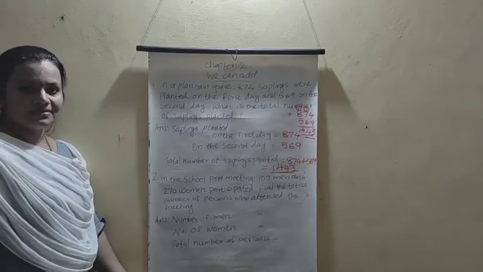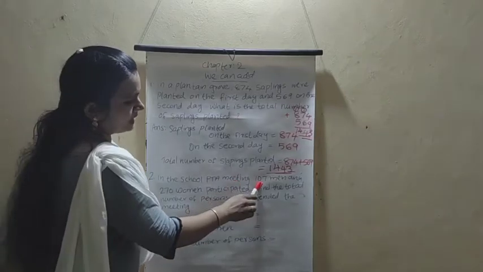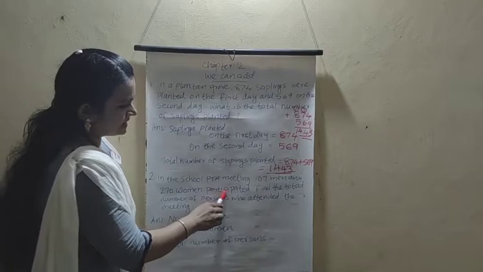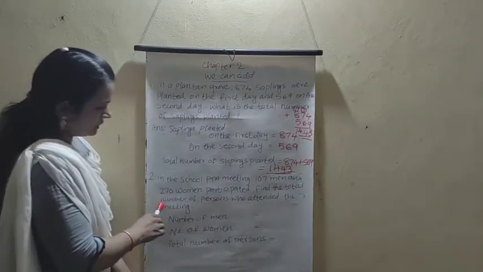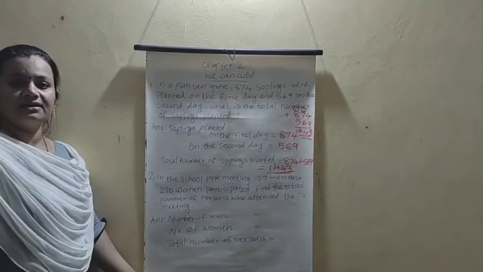1443. Understood? Then the total number of saplings planted is 1443. Understood all? Next, in the school PTA meeting, 107 men and 270 women participated. Find the total number of persons who attended the meeting.